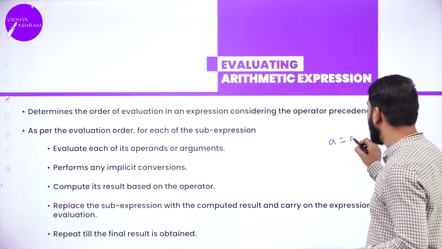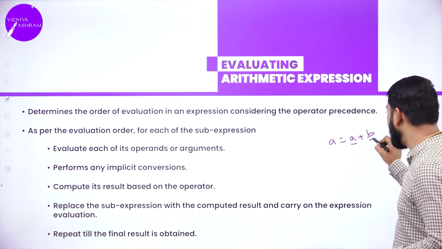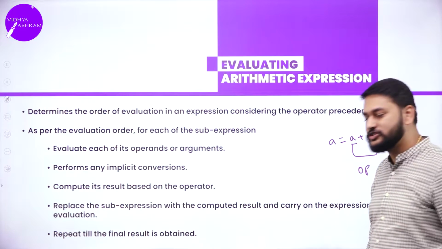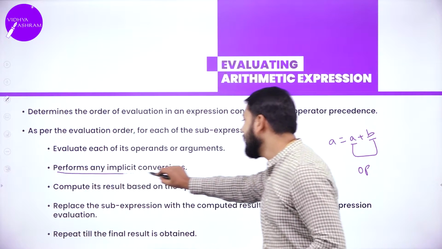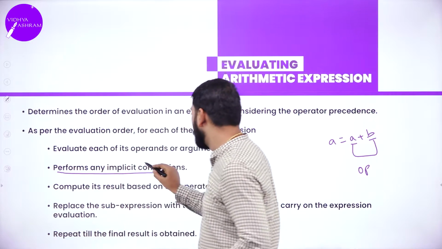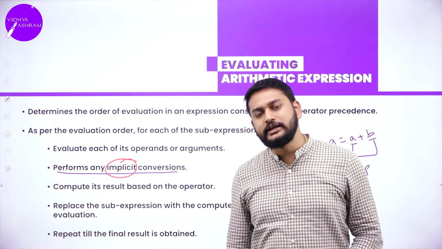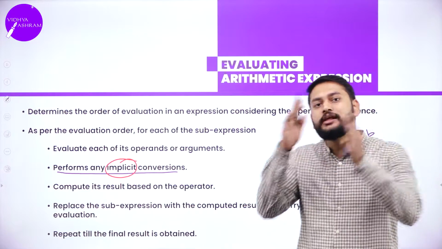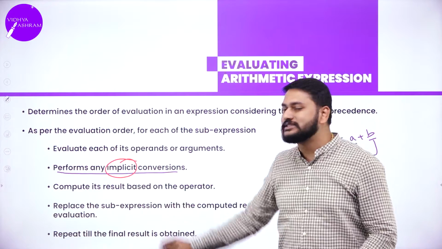Suppose I consider my expression as a is equal to a plus b, here a and b are what I will call operands. First, these will be evaluated. How? Please understand. Perform any implicit conversion. It's very important that all of you remember this word, implicit conversion. What is implicit conversion? Automatically the system is converting a value from one data type to another data type. You are not doing anything. That is what we call implicit conversion.